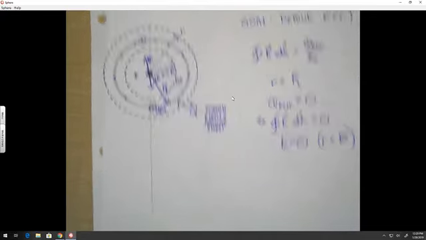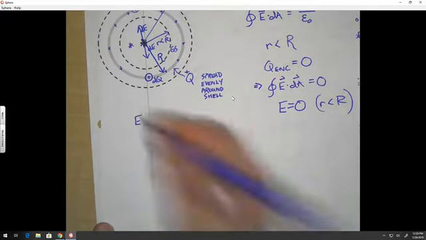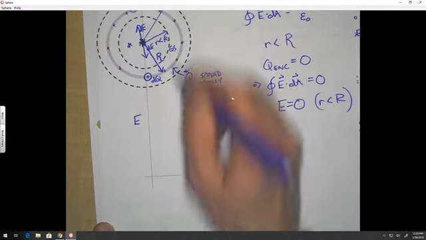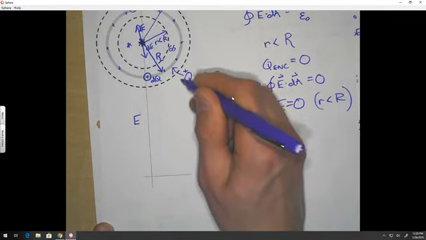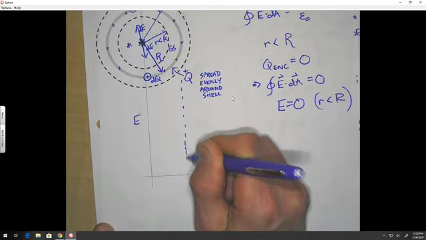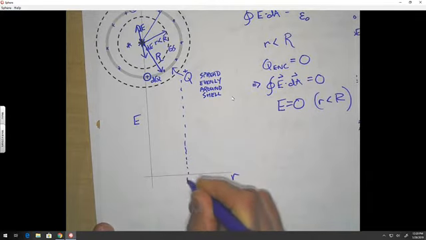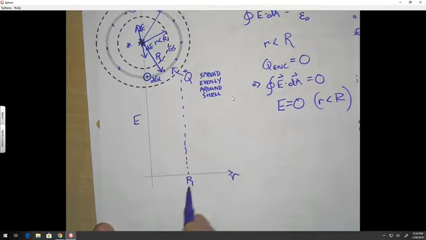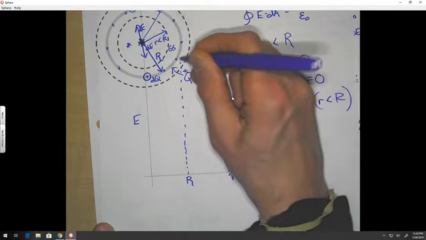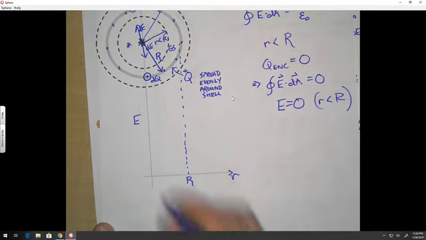Okay, so if we're doing a graph down here of E versus R, I'm going to come down, make this line up with my picture. So I'm going to put my big R there. This is 0.